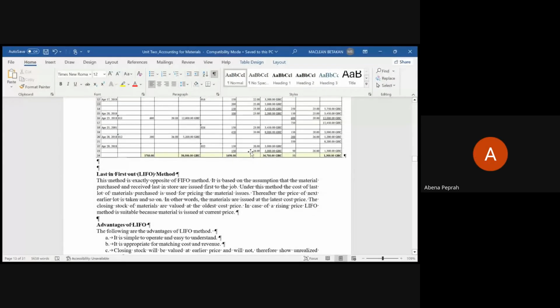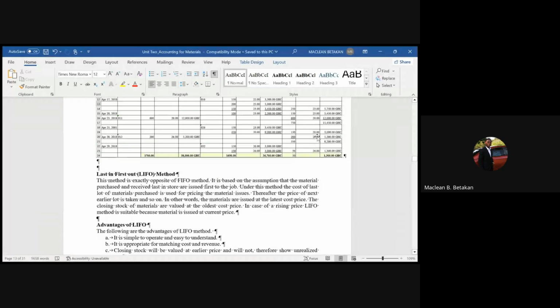The other 150 is coming from the 200 in inventory, which is valued at 26. So we value it at 26, and that gives us 3,900. So 300 is issued out of 350. Our closing inventory at the end of that month is 50, valued at 26, because the 50 is coming from the 200 units.